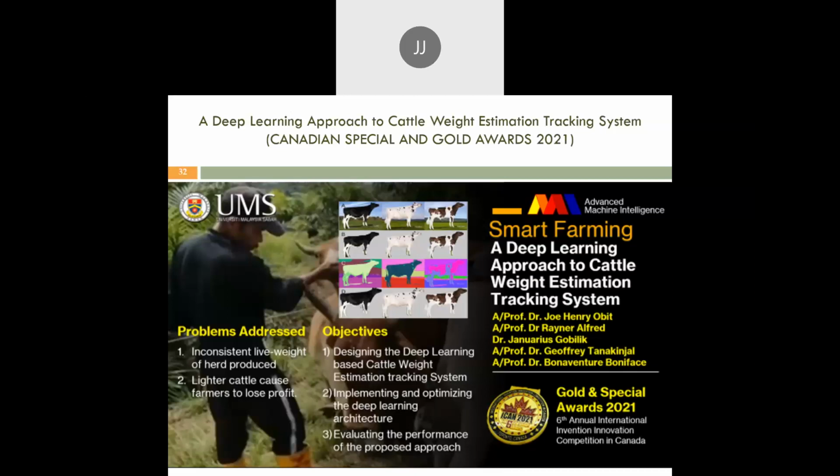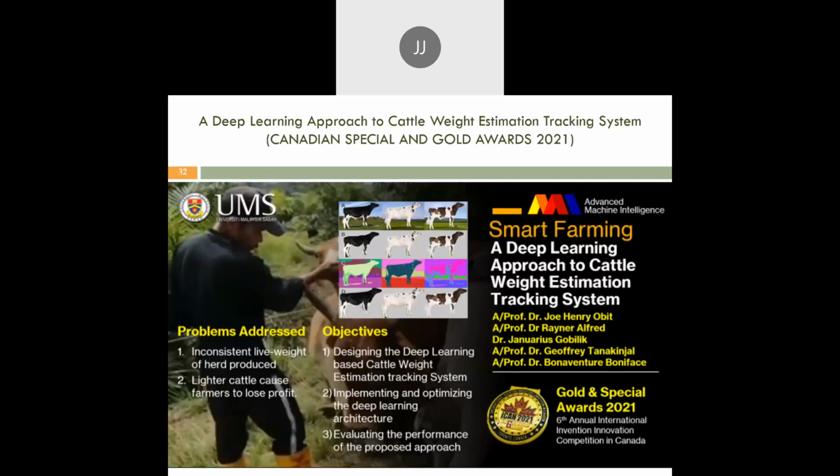This is the project that we initiated to estimate the weight of the cattle, because we want a feeding program that maximizes the weight. But putting them onto the weighing scale is so stressful because we have to queue them up.